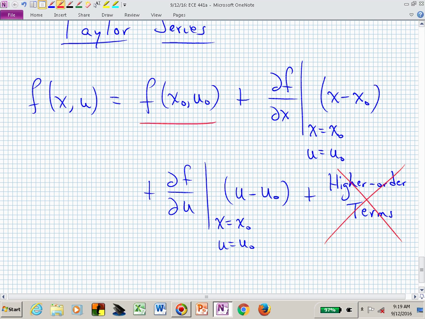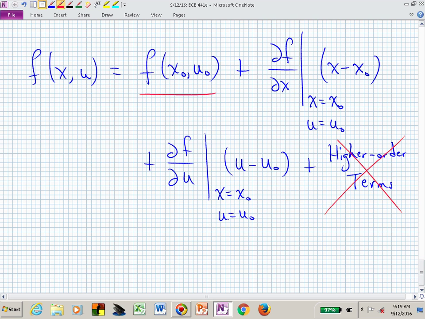And those just get smaller and smaller as long as x minus x naught and u minus u naught are small to begin with. We're assuming then that these first two terms in this expansion dominate the approximation of f of x around that f of x naught, u naught.